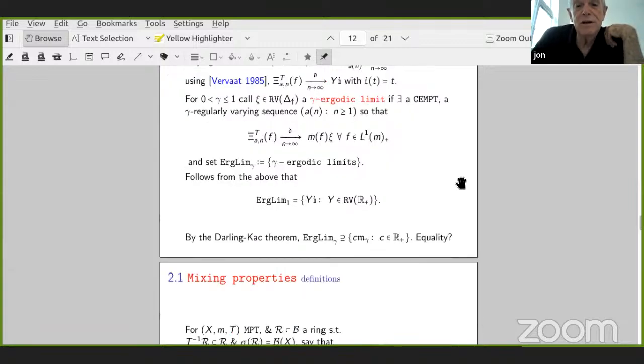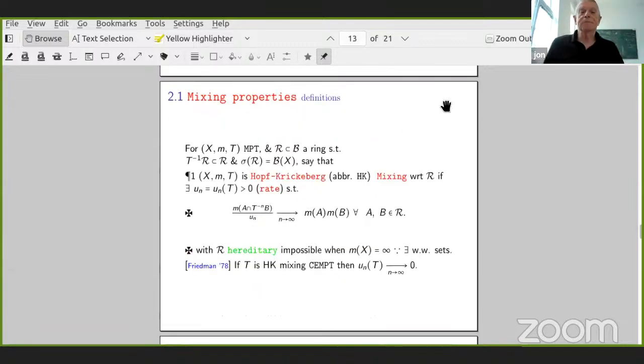So next one, we want to look at mixing properties. The most famous mixing property: there was an example of Hopf in his book in 1936 of what he called a mixing transformation. Afterwards, this was developed by Krickeberg, so it's now called Hopf-Krickeberg mixing. You have a measure-preserving transformation, and you have a ring which is invariant and generates the sigma algebra.